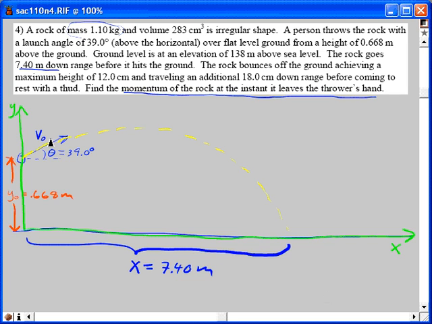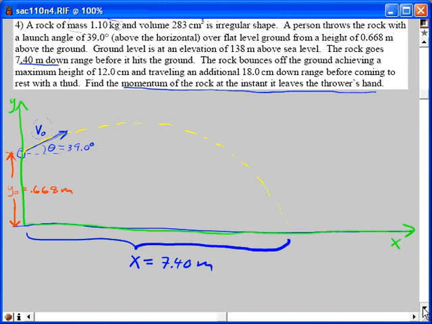So all we have to do is find the value. We're only given the direction, and what we need to find is the magnitude of that initial velocity based on how far it goes.